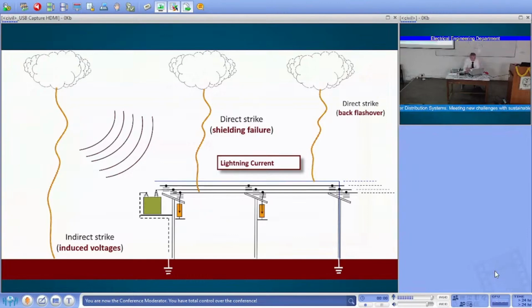So in this case, the current is not flowing directly in the line conductors, but this very intensive pulse of current is creating a pulse also associated with the electromagnetic field, the so-called lightning electromagnetic pulse, LEMP. And this electromagnetic pulse is coupling with the line conductors of the line, so it induces voltages.